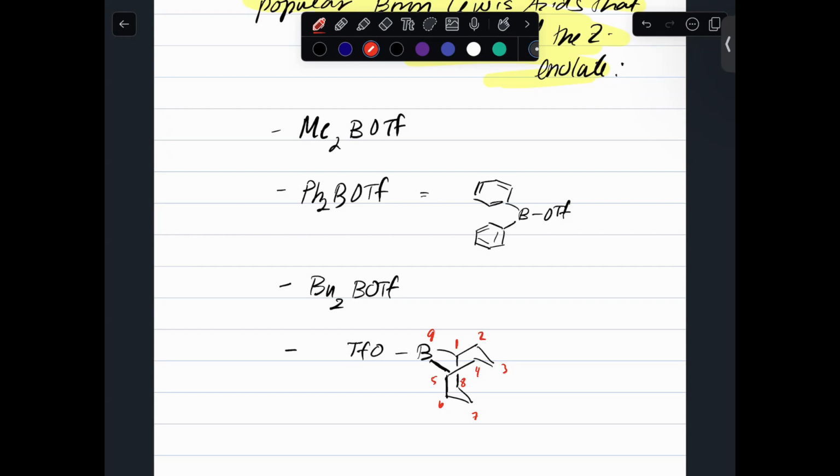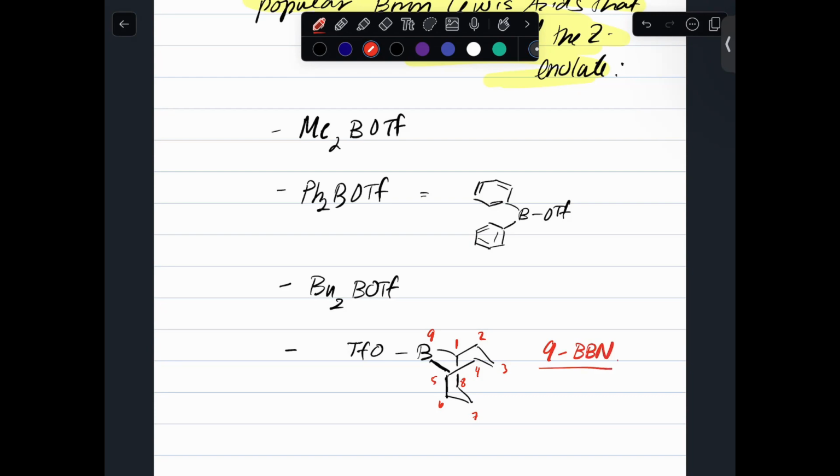It looks like two cyclohexyl groups joined together, but the boron is taking part in the formation of those rings. Because it's a fused, bridged ring system, it's a 9-membered ring, and it's thought of as 9-BBN. It's one of the more popular boron reagents.